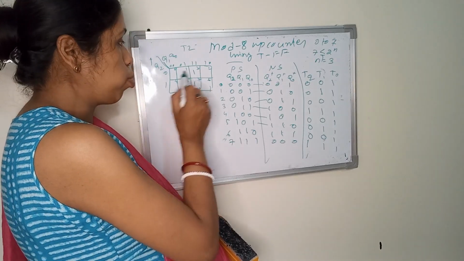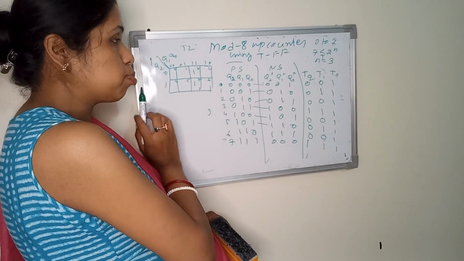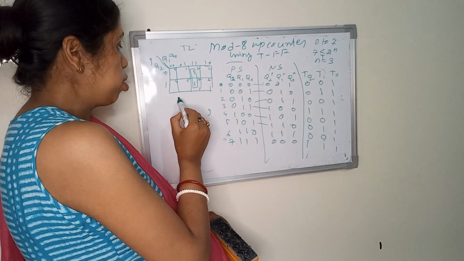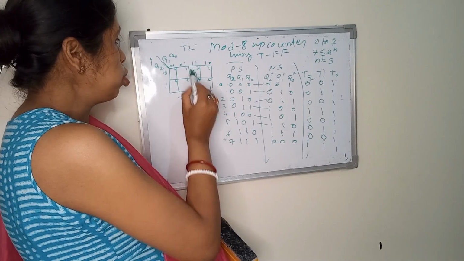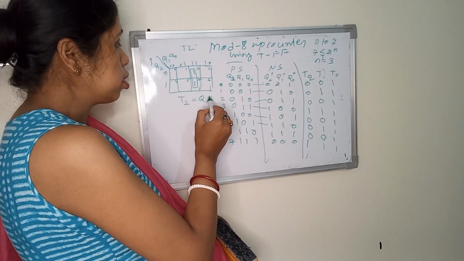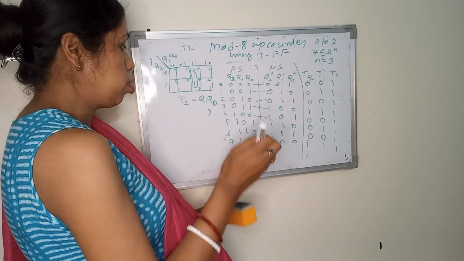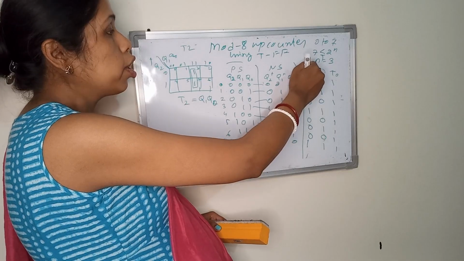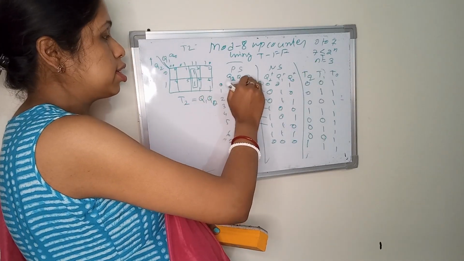Here my T2 is 1. So for other cases my T2 is 0. So this I can do as one pair. What will be the T2? T2 will be Q1 Q0. Got it? I am just doing the simple K-map for these three outputs, and these three are my inputs.